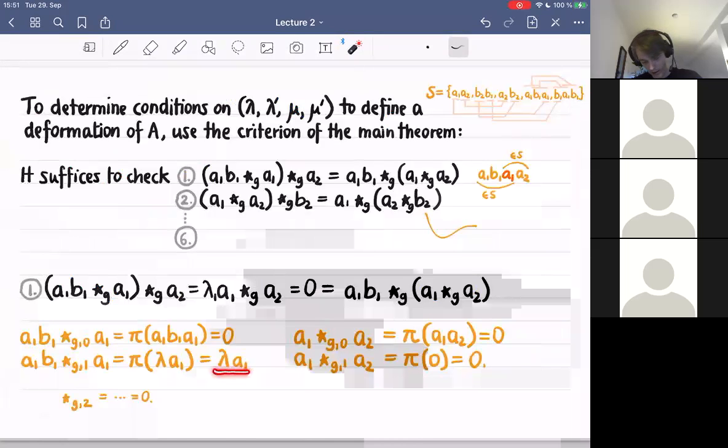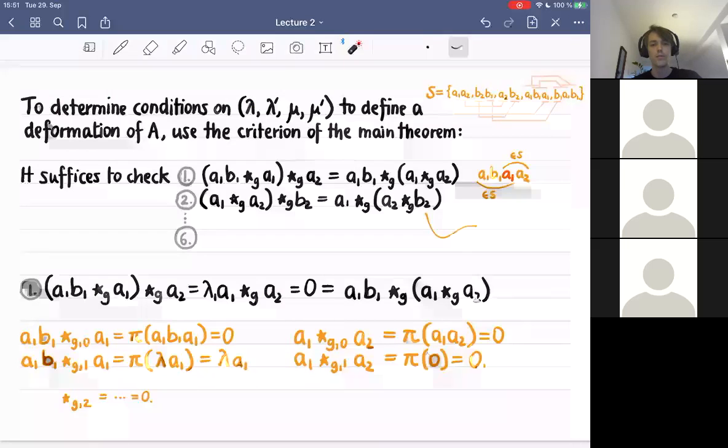And so this is this term here. And you can check that star G2 is 0 and the higher ones as well. Okay, and now we've calculated the first bracket here, and the result is just lambda times A1.